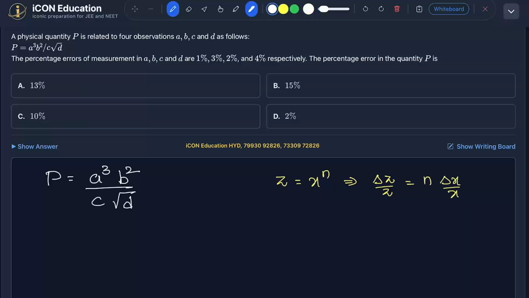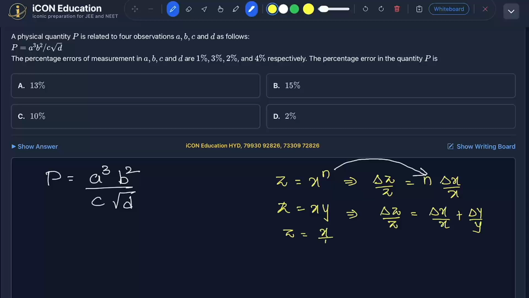This exponent will become a coefficient like this. Okay, and product rule, Z equal to xy, we can write delta Z by Z equal to delta x by x plus delta y by y, and quotient rule, that is Z equal to x by y, we can write delta Z by Z equal to delta x by x plus delta y by y.